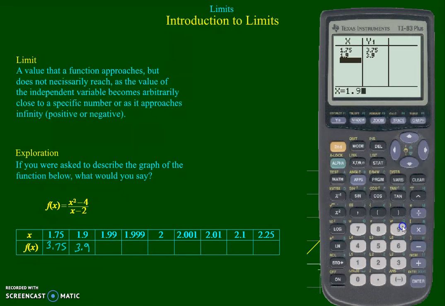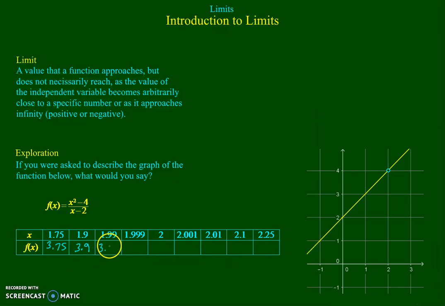And while we're here, 1.999. So you can see that we got 3.99 and 3.999. Now let's do the same thing from the right-hand side.